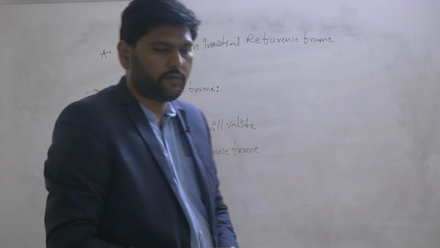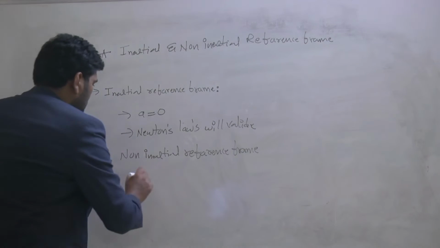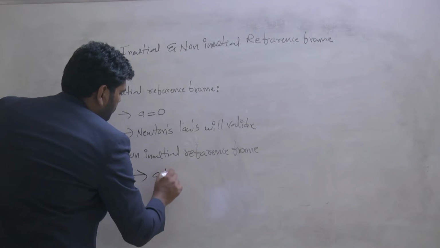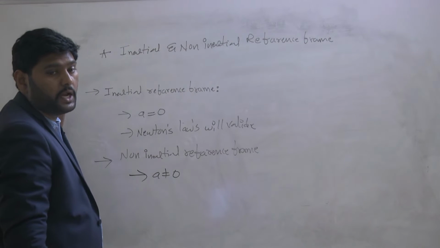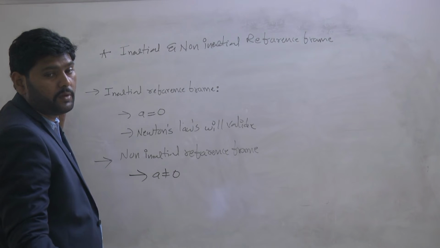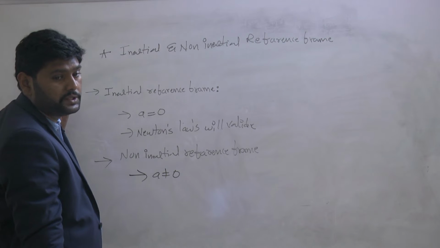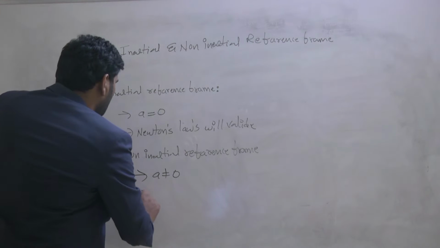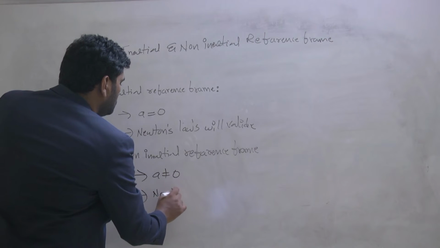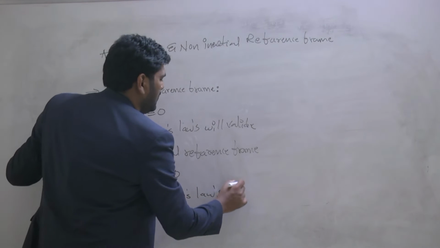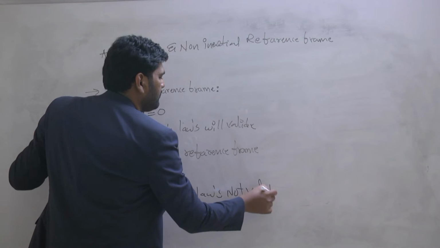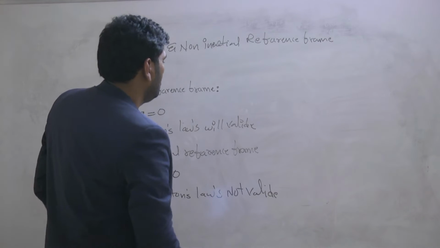So this is also a reference frame, but it has non-zero acceleration. A frame of reference with non-zero acceleration is called a non-inertial reference frame. In that, Newton's laws are not valid.